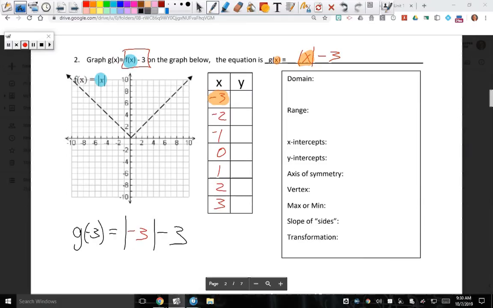We're inputting an x value that is -3. Okay, here we go. Aaron, what would I get just from this piece? 3. Now I still have to do this leftover part. And anyone, what would my answer be? 0. Okay, and now go ahead and plot it. -3, 0.